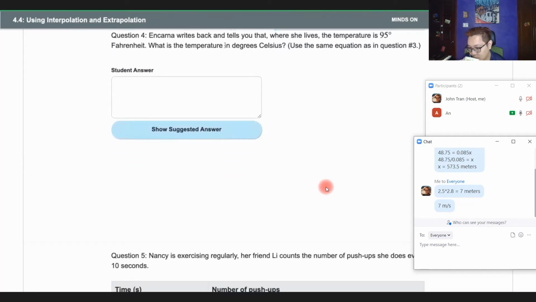And Hannah writes back and tells you that where she lives, the temperature is 95 degrees Fahrenheit. What's the temperature in degrees Celsius? Okay, so this is the opposite direction.